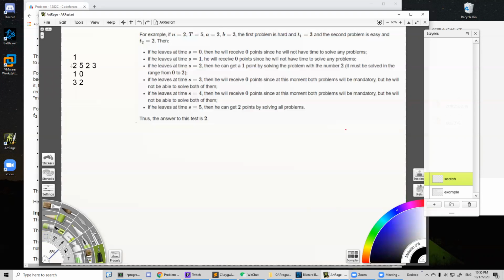And the second row of the array is this. The first number is n.